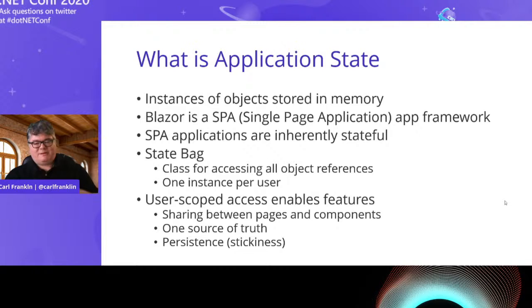If we create a state bag class and put all our public properties in there, then we can add that as a scoped service, which means we can share that between pages and components. We can inject it into whatever page we want. It's one source of truth, and it also allows for stickiness.